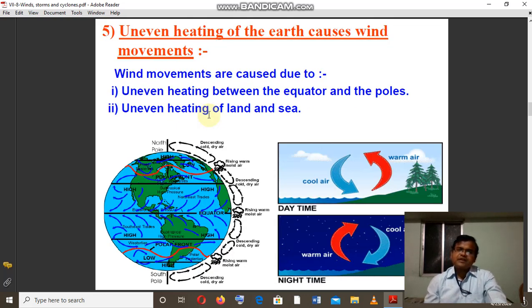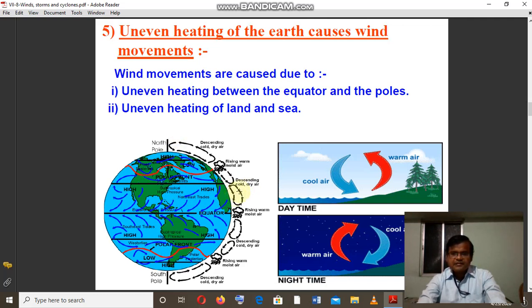Next point, uneven heating of the earth causes wind movement. Wind movements are caused due to uneven heating between the equator and poles, and uneven heating of land and sea. Here you can observe the equator, the north pole and the south pole.